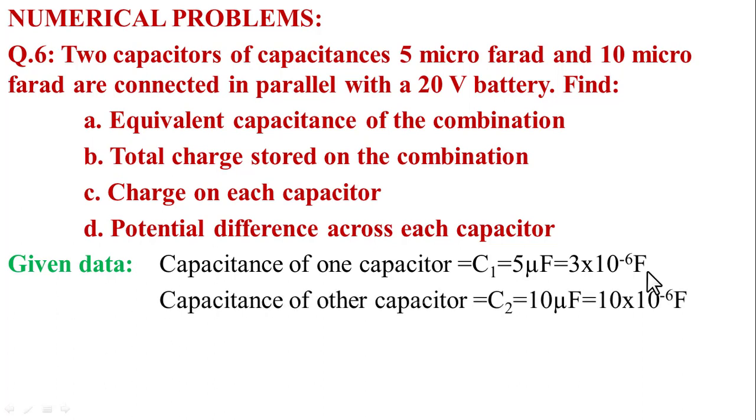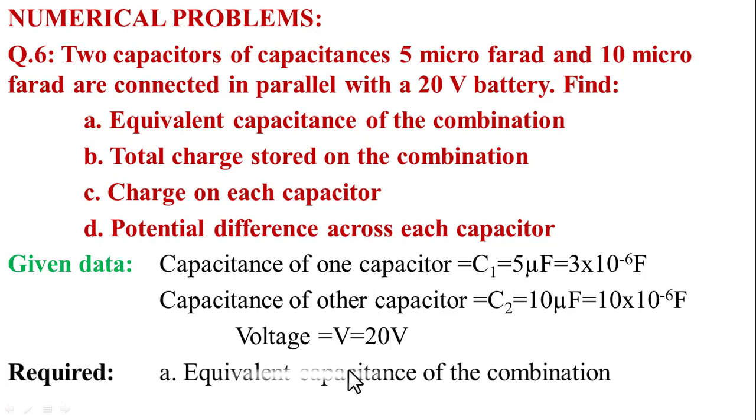And capacitance of capacitor C2 is equal to 10 microfarad, that is 10 multiplied by 10 raised to power minus 6 farad, because 1 micro is equal to 10 raised to power minus 6. According to the statement, voltage V is equal to 20 volt battery.